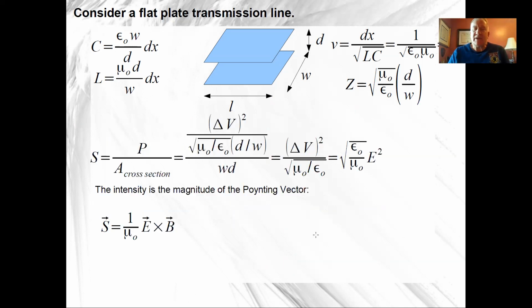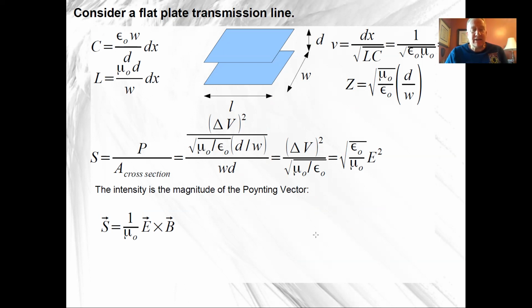We also have something called the intensity. The intensity is actually the magnitude of something called the Poynting vector. Poynting is somebody's name, but it also points in the direction of propagation for electromagnetic waves.